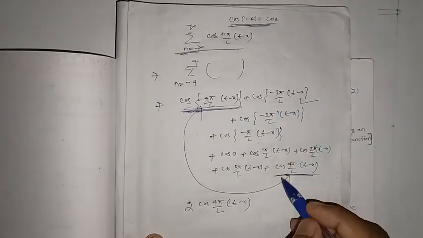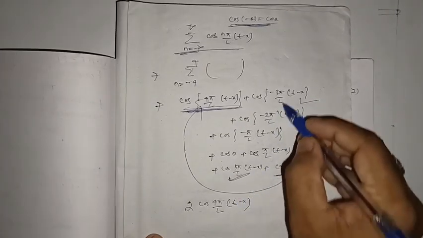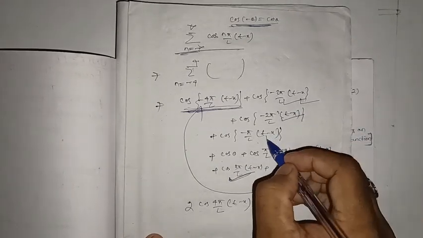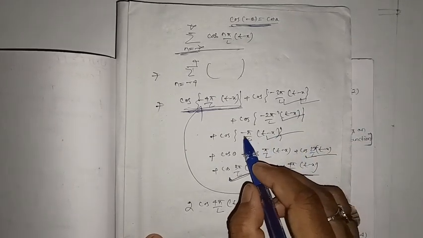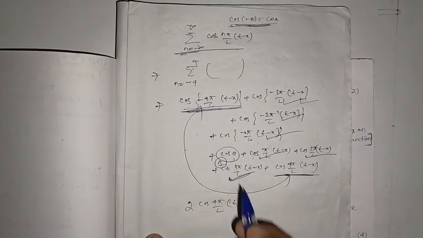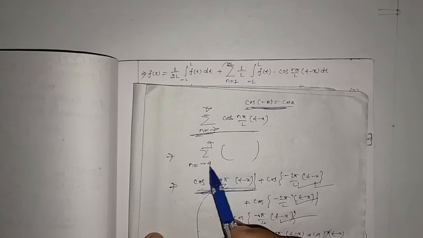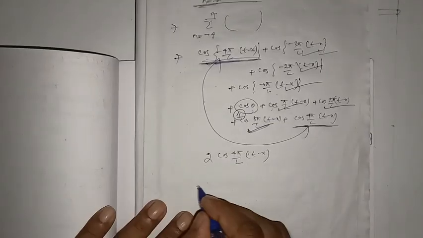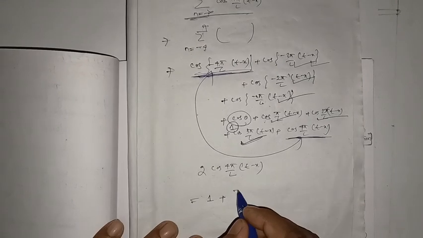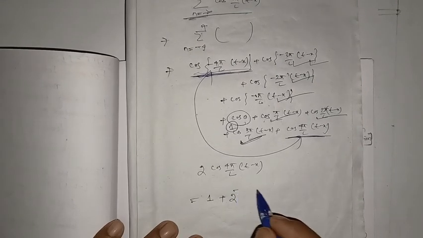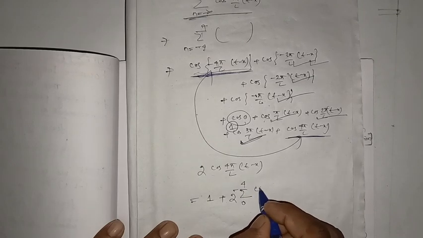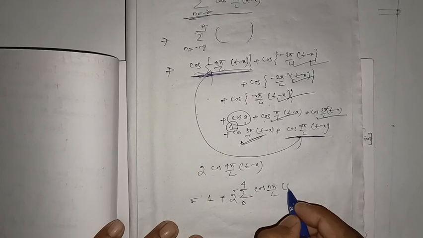Likewise these two terms will add up, minus 3 plus 3 will add up, minus 2 plus 2 will add up, minus 1 plus 1 will add up, and cos 0 is nothing but 1. So here we considered minus 4 to 4, then the answer is 1 plus 2 into the sum from 0 to 4 of cos(n pi by L into (t minus x)).